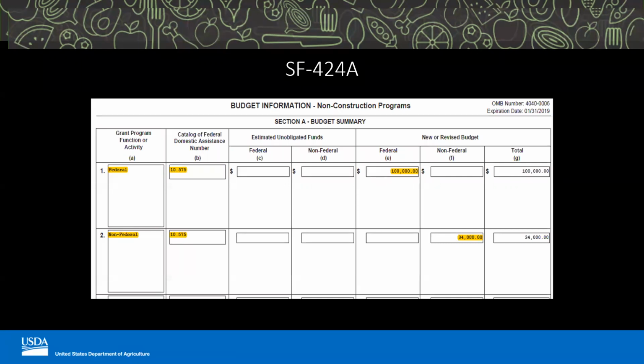The second line is for non-federal funds or the matching funds. This is the total that you, the applicant, are proposing to contribute. The non-federal matching amount should be listed on line 2 in column F. The form will total the 2 amounts for the overall requested budget total as shown in this example.